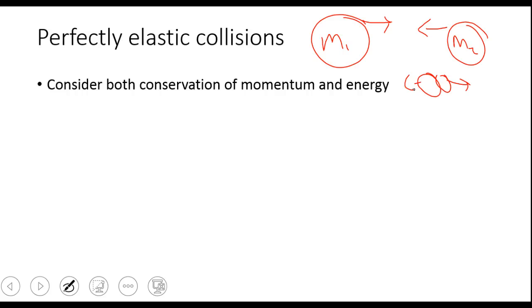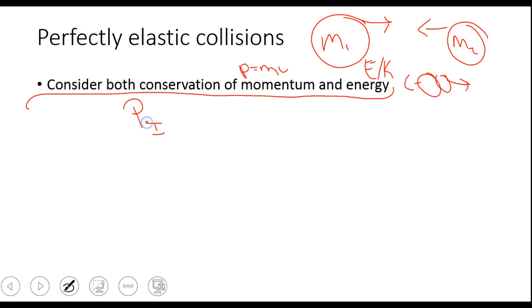Perfectly elastic collisions, here we're going to go into a little bit more detail, and we consider both the conservation of momentum, which is mass times velocity, and energy. In this case, we will usually be talking about kinetic energy. And so the momentum before something happens has to be equal to the momentum after that thing happens.